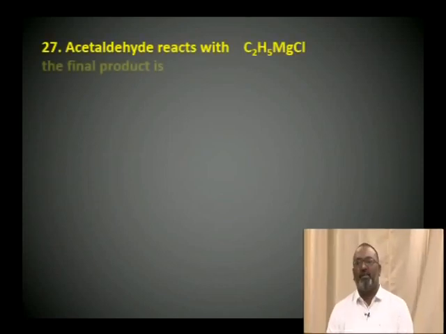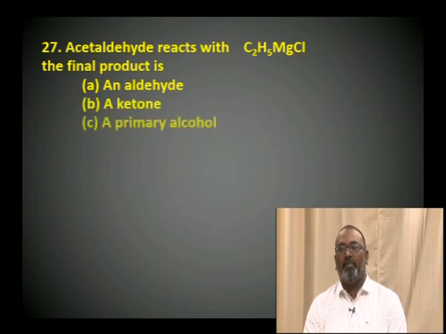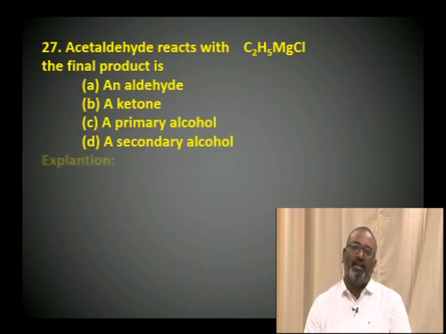Question number 27. Acetaldehyde reacts with methyl magnesium chloride. The final product is an aldehyde, a ketone, a primary alcohol, or a secondary alcohol. When aldehydes and ketones react with a Grignard reagent, it is always followed by acid hydrolysis to end the reaction.